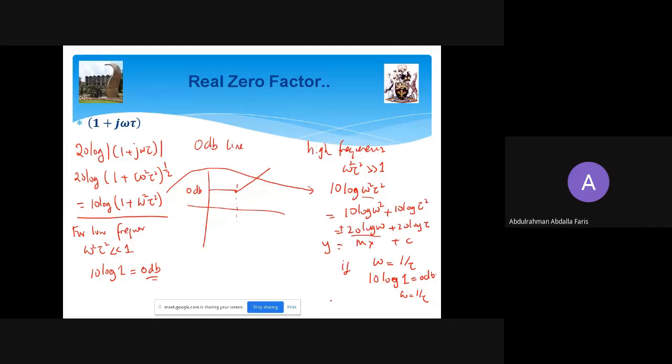Is that okay? So for a real zero, if you are to plot these approximate lines, we'll have a 0 dB line going up to a point where omega is 1 over tau. We name it the corner frequency, and after that, we'll have a slope of 20 dB per decade, 20 dB for every 10.